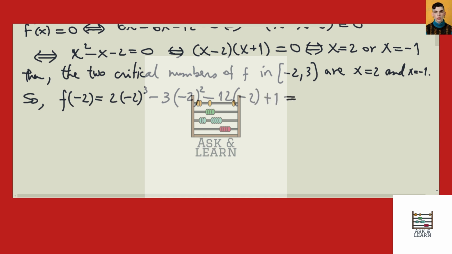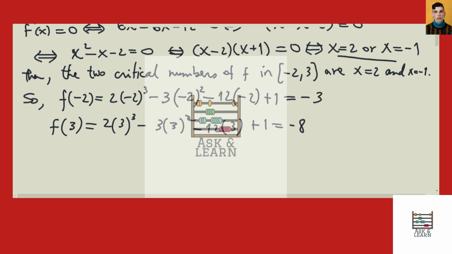And if we calculate all this, we get -3. That's the image of the left endpoint -2. Now the image of the right endpoint 3 is 2 times 3 cubed minus 3 times 3 squared minus 12 times 3 plus 1, and that gives us -8.